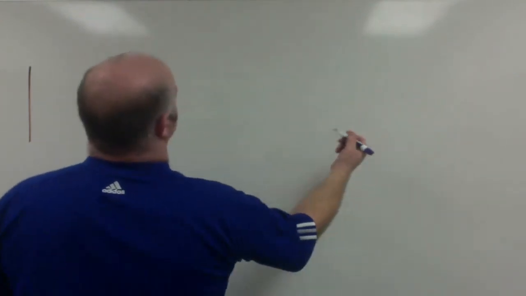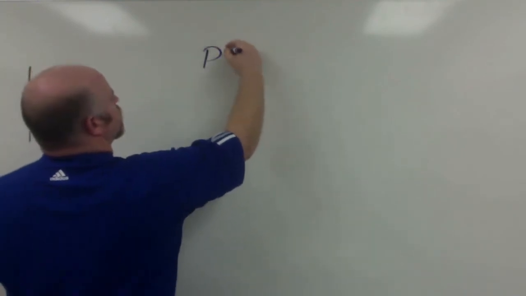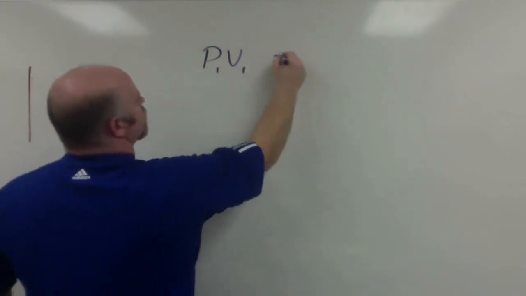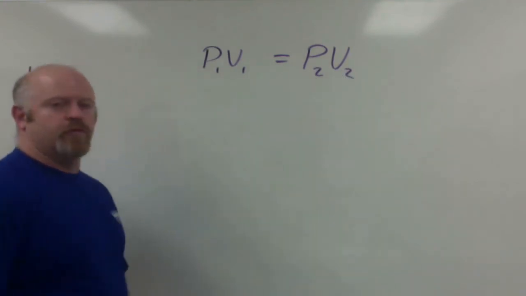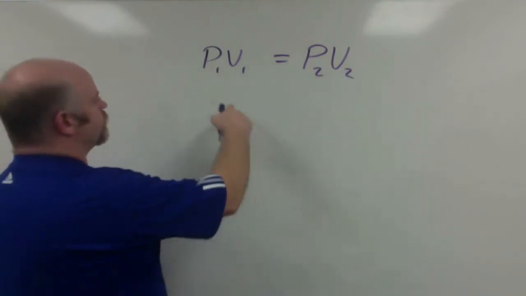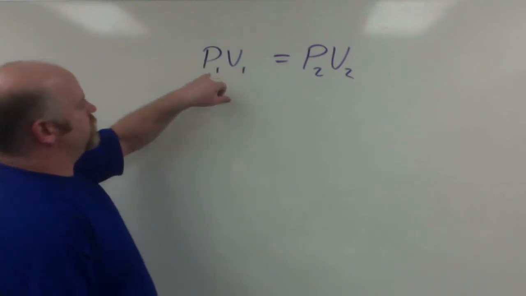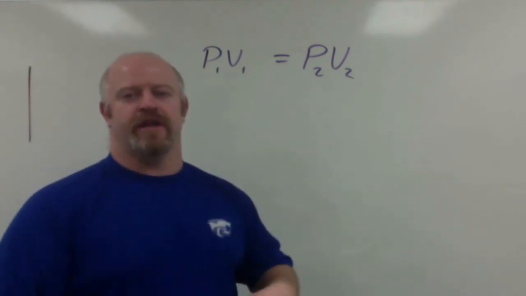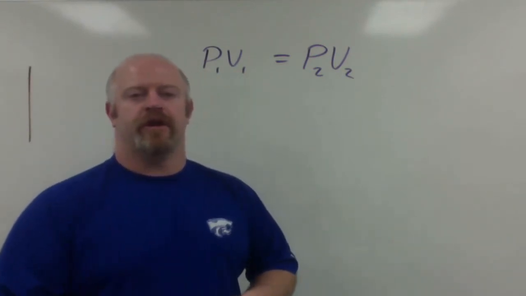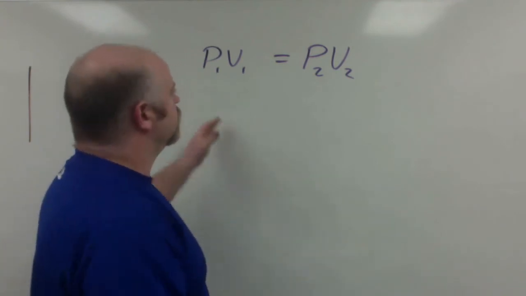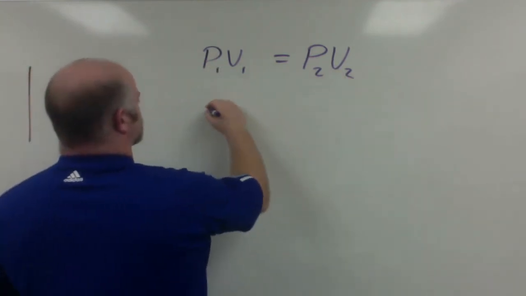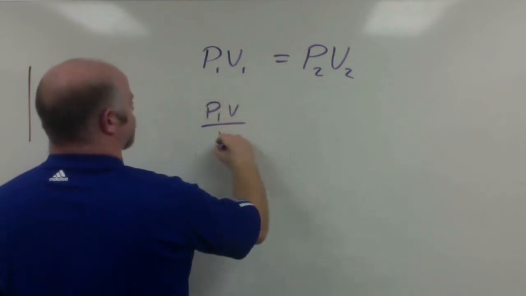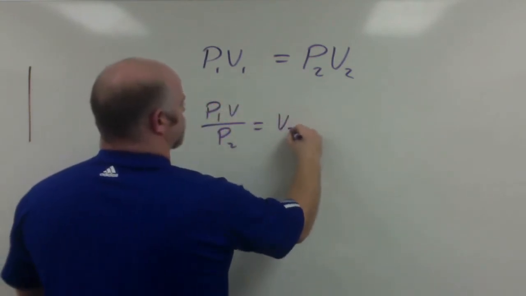Boyle's law tells us that we have pressure times volume initially equals pressure times volume final, or ones and twos. We're given our initial pressure and volume, and we're given an ending pressure, so we're solving for our volume. So rearranging the equation, we're solving for this second volume here. We can say that P1 V1 over P2 equals V2.